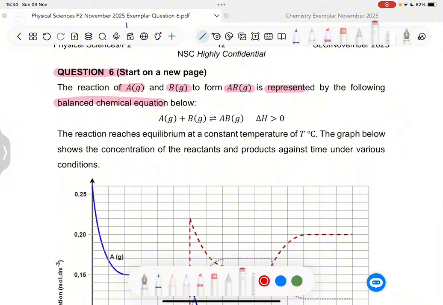Now, the other thing that we see is that we have here double arrows. These arrows would mean that this reaction is reversible. That means A will react with B, they will combine with each other and form a bond, resulting in a product AB.